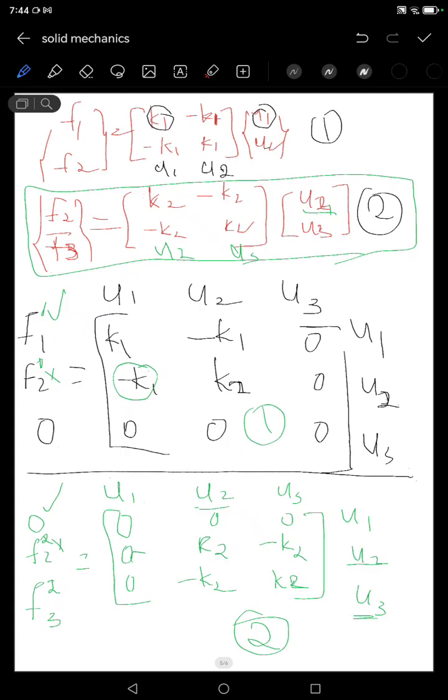And then u2 and u2 is this one, so it's going to be k1 plus k2. That's why I wrote k1 plus k2.